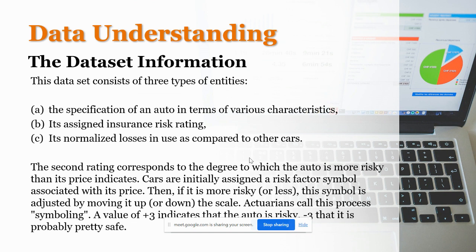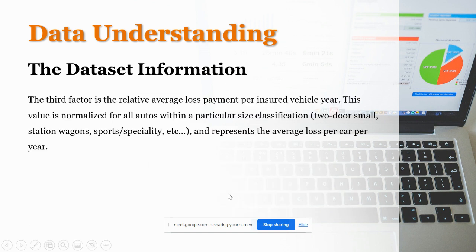Okay, so the second rating depends on it as well. Then we have the third factor, which is relative to average loss payments per insured vehicle year. This value is normalized for all autos within a particular size classification.